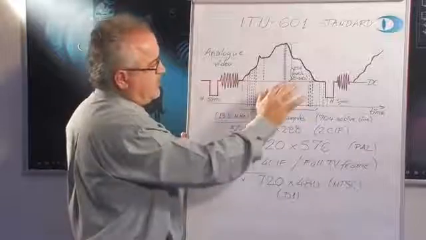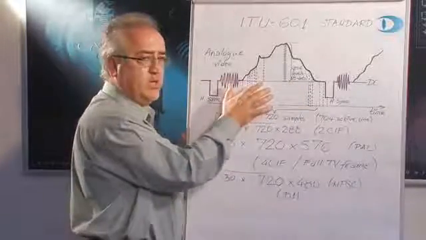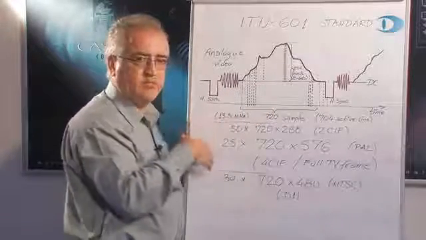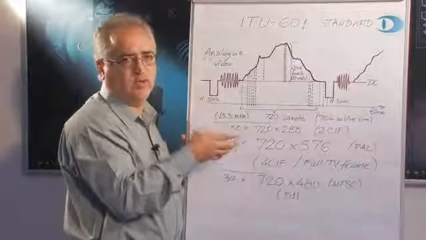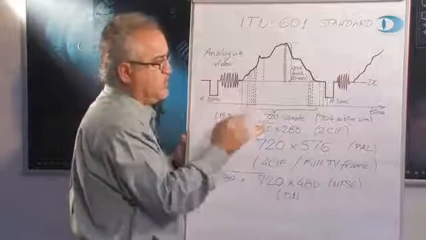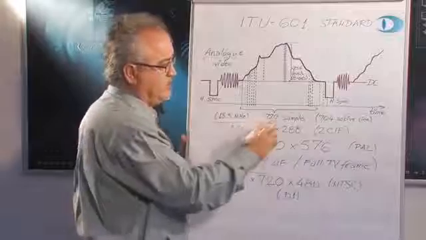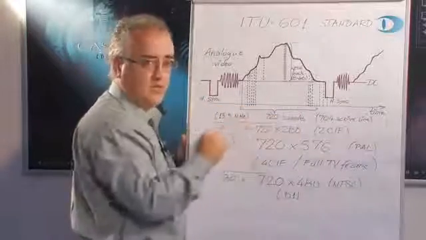Then in PAL, we've got 576 active lines for each television frame. And as we know, in CCTV, we've got 50 fields, which can be actually grouped in frames composed of odd and even fields. So we've got 25 frames. When converted to digital, we have 720 samples in horizontal direction, which means along the length of the screen.